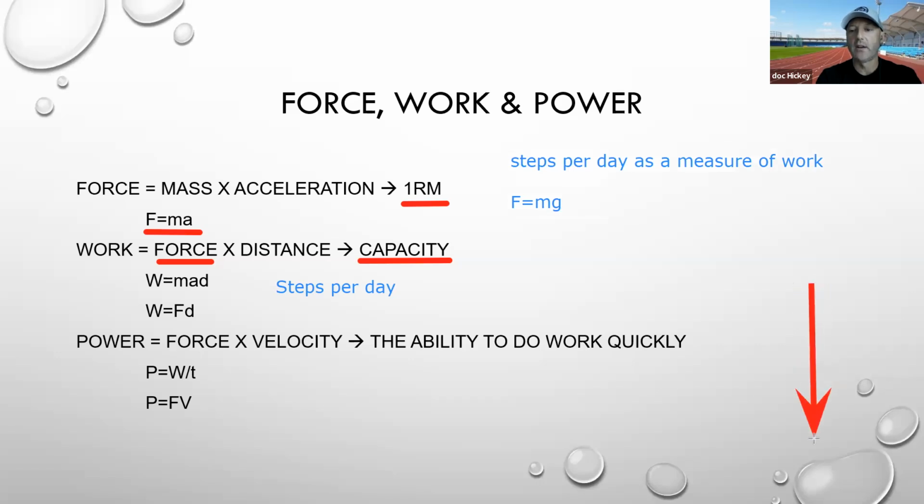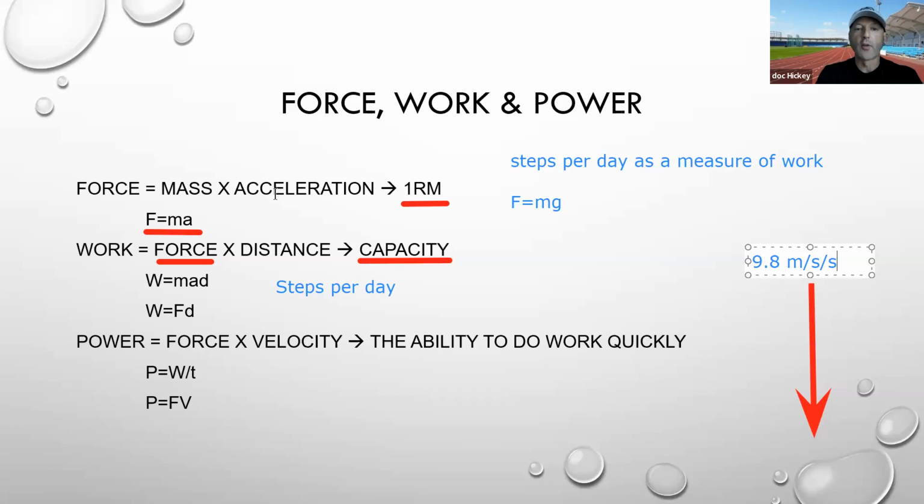It's going straight back into the earth, and that pulls us down at 9.8 meters per second squared. When I was teaching AP physics, we would round this up to 10 meters per second squared. This is acceleration due to gravity. So when we're looking at steps as a measure of work, force equals mass times gravity, and gravity is what we're overcoming as we walk.